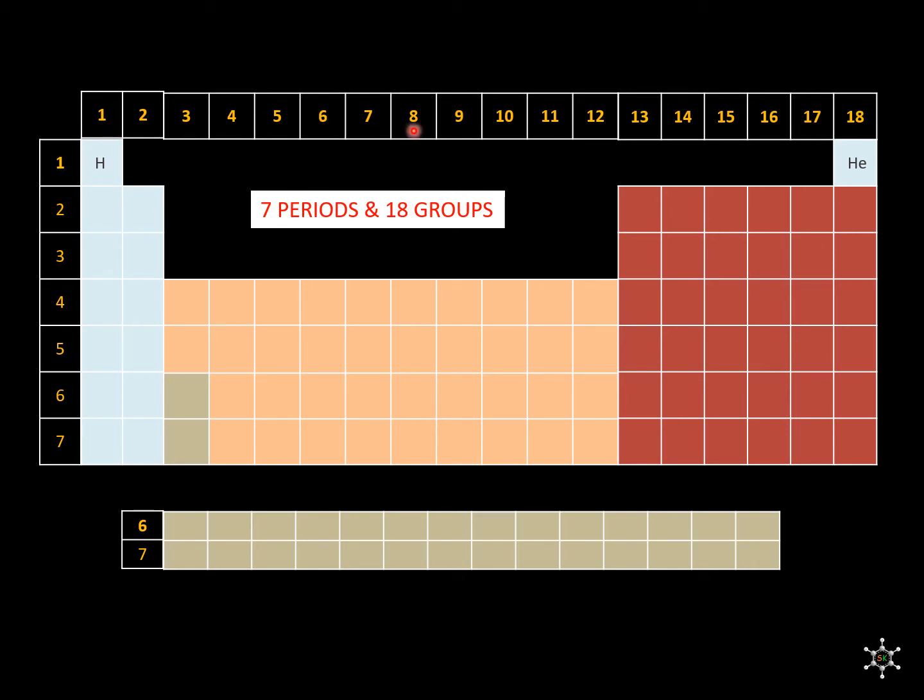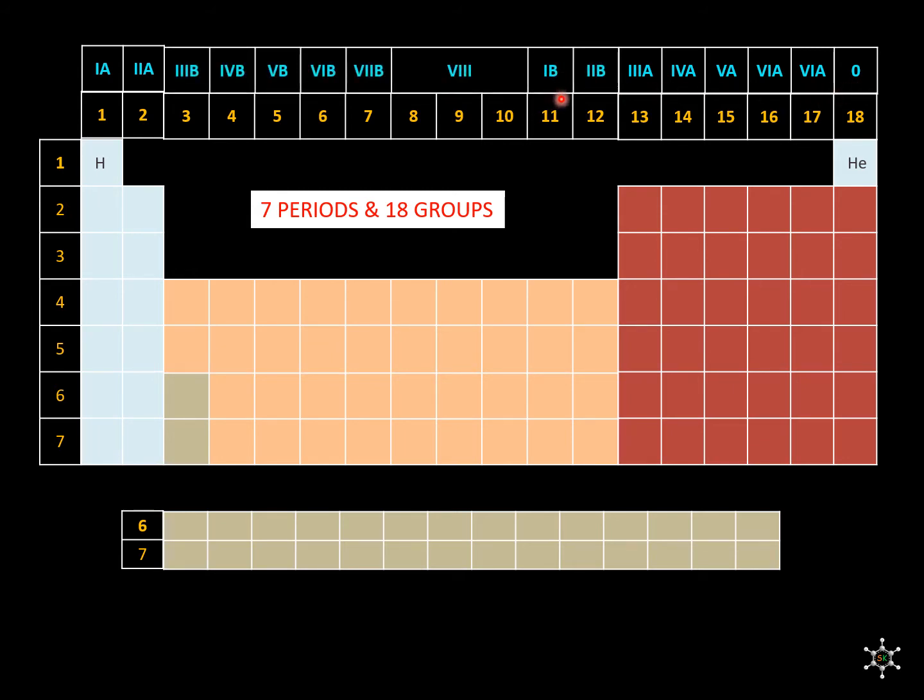Apart from identifying vertical columns with the group number, there is one more way of naming them. Group 1 is called 1A, Group 2 is called 2A, Group 13 is called 3A, Group 14, 4A, 15, 5A, 16, 6A, 17, 7A, 18, 0.